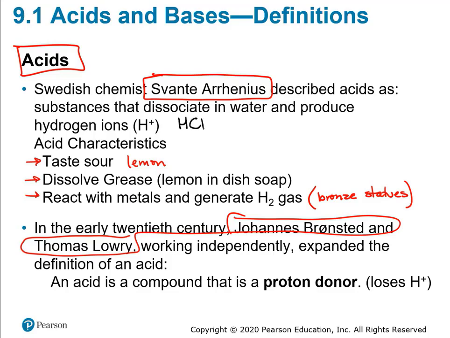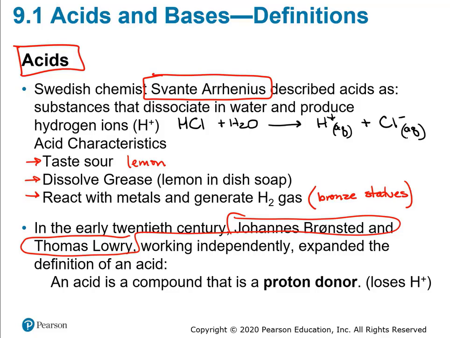If you take HCl and put it in water, it forms H+ aqueous. Those H+ they call hydrogen ions. And the chloride ions are there too. Hydrochloric acid, sulfuric acid, nitric acid, all of those produce hydrogen ions. So he said, that's how we define them.